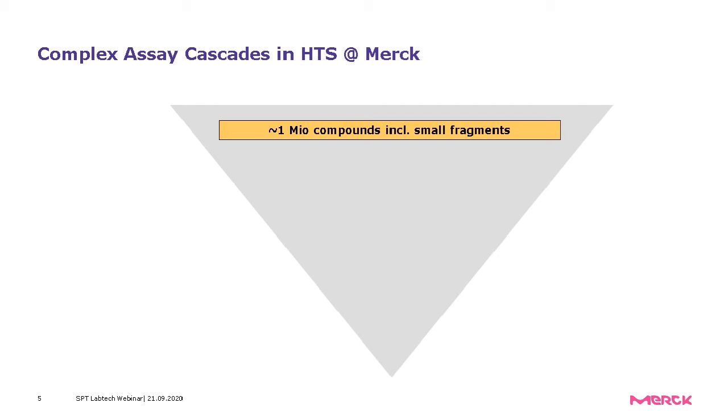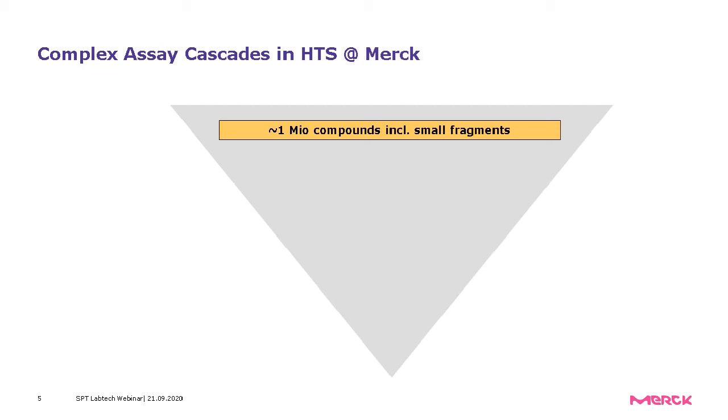So when we run a screening campaign, we usually screen roughly 100 million compounds. In some cases, we run more than 1 million compounds when we include libraries from collaboration partners or libraries from other consortia. So we can end up screening 1.5 million compounds in total.